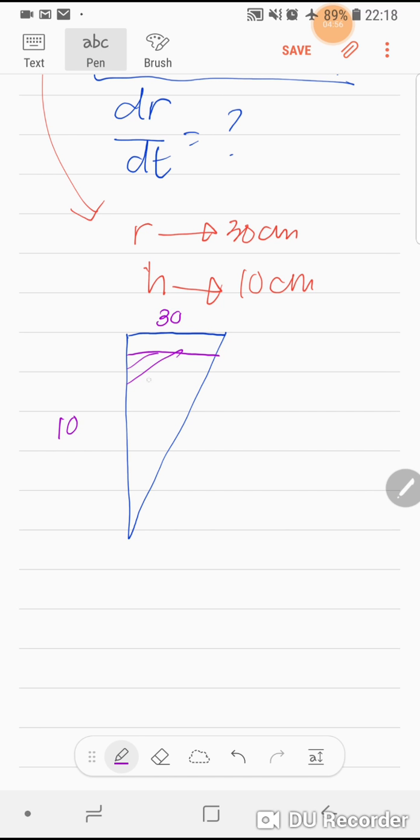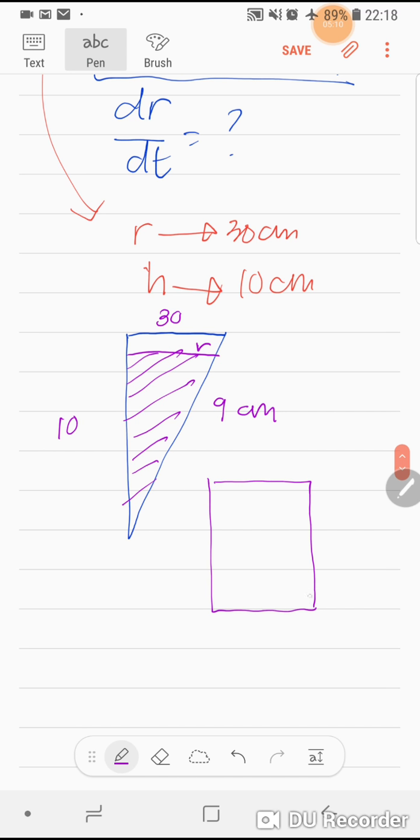This would be the height of the water. But what we don't know would be the radius when its height is at 9 centimeters. So take note, this is not a rectangle in which the radius would be uniform all throughout the container, especially when we're talking about a right circular cylinder.